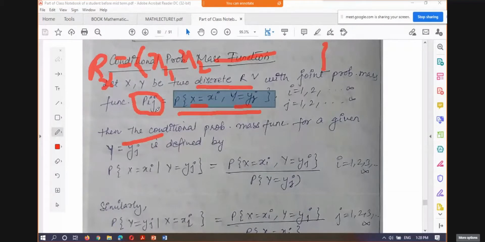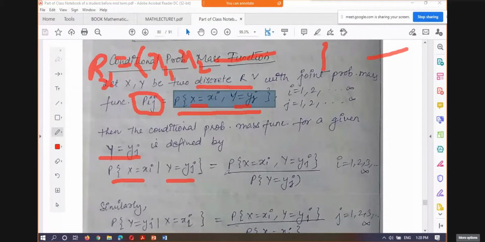So now if I want to know the conditional probability mass function for a given y equal to yj, what we want to know is the probability that capital X equals xi given Y equals yj.